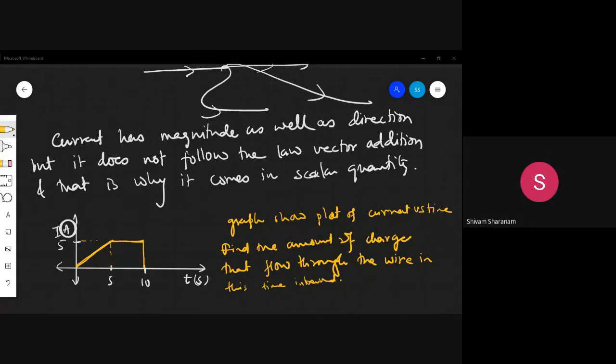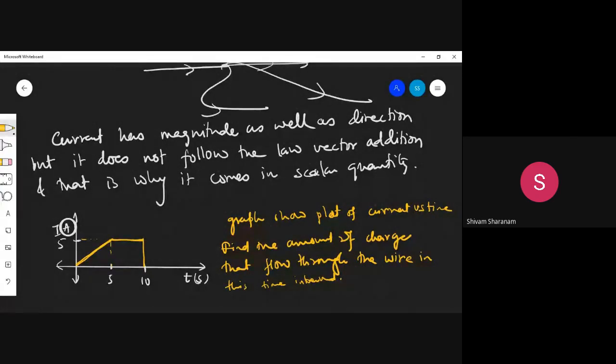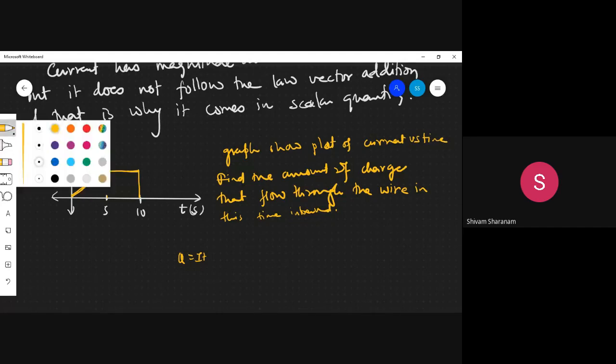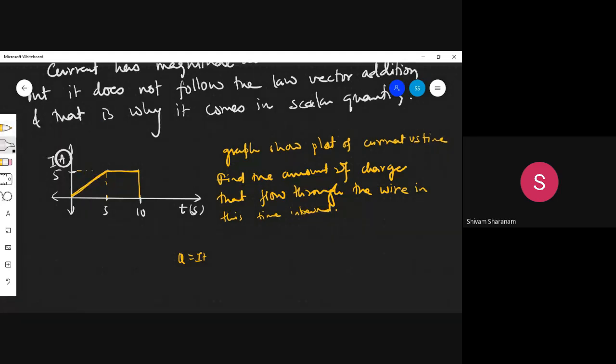Area under the graph, yes, because you cannot use this formula, Q is equal to IT. Can you use that? No, because here the value of I is changing. So which value will you put? Better to find the area under this graph. If you find the area under this graph, you will get the charge.